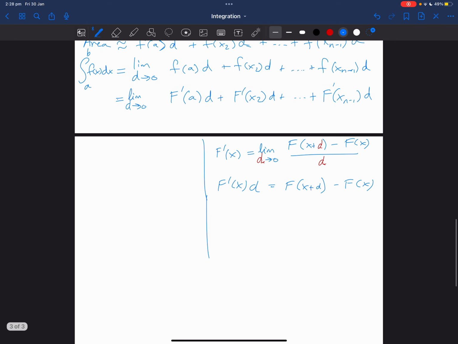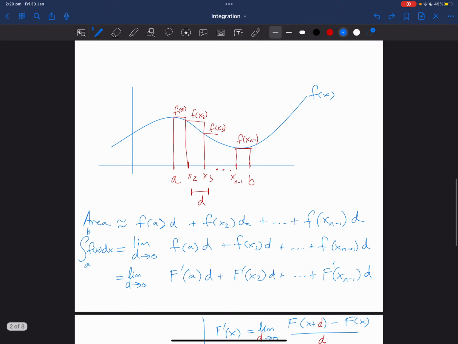So if I substituted f dash of x2, for example, or maybe we'll start with a, that would equal f(a plus d) minus f(a). But what is a plus d? Well, a plus this distance will just take me to the next x value, x2.